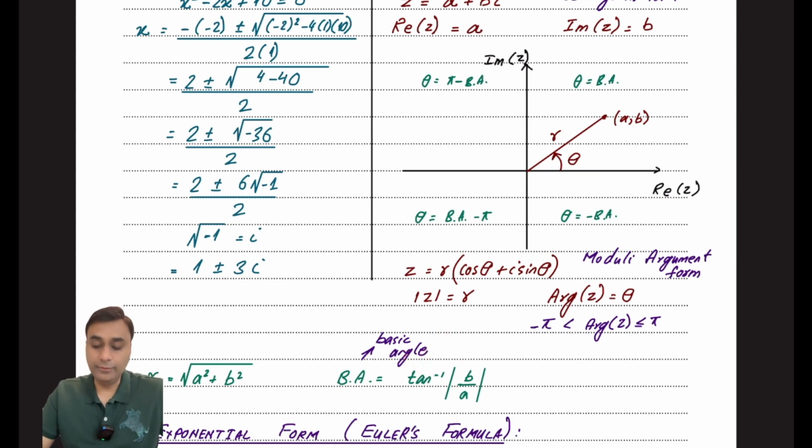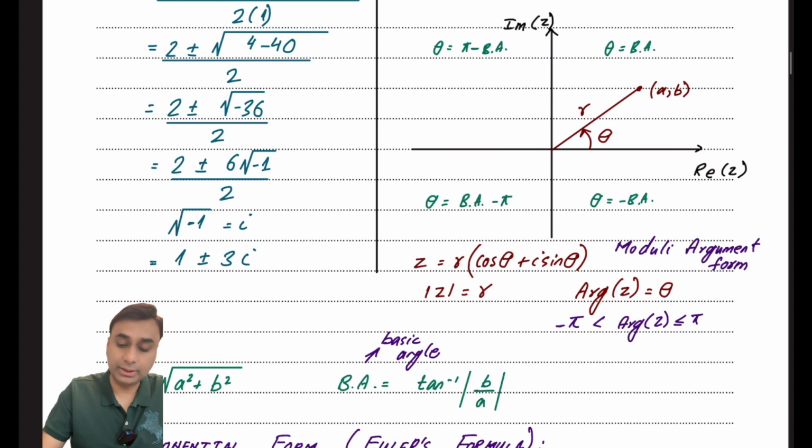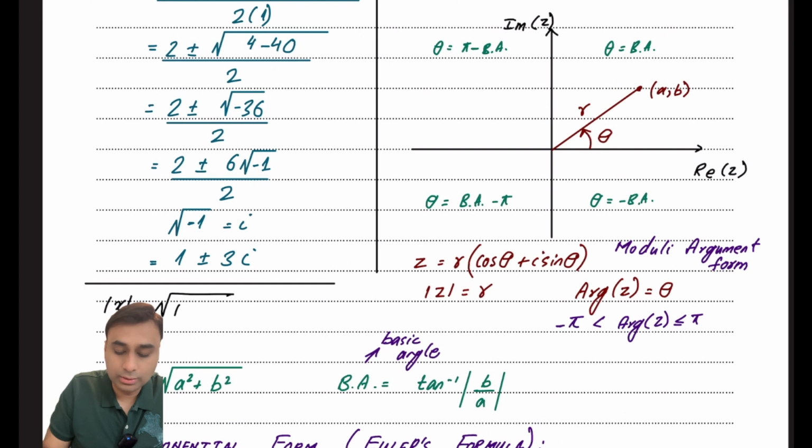So like if I would take an example of 1 plus 3 iota, its modulus is going to be under root 1 square plus 3 square, and its argument is going to be tan inverse 3 upon 1.